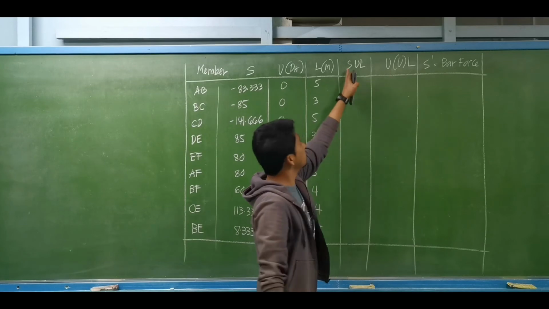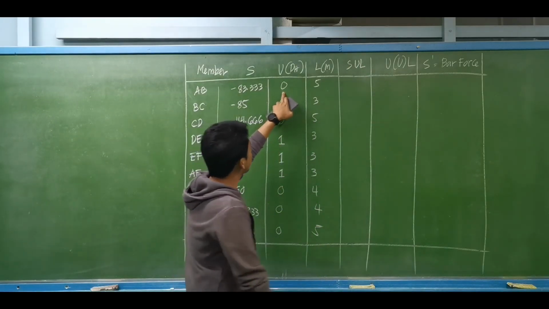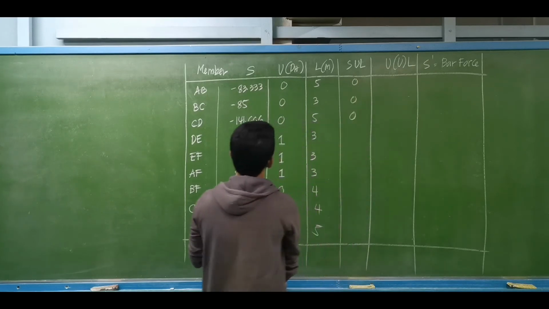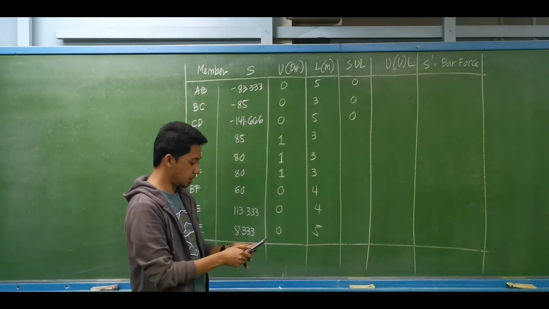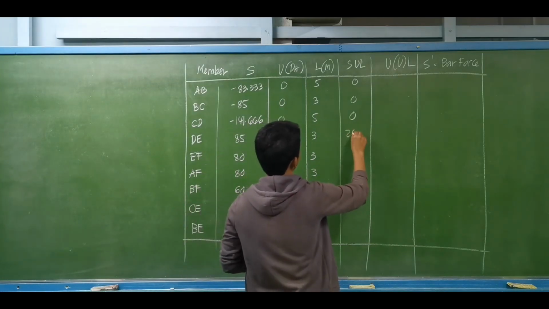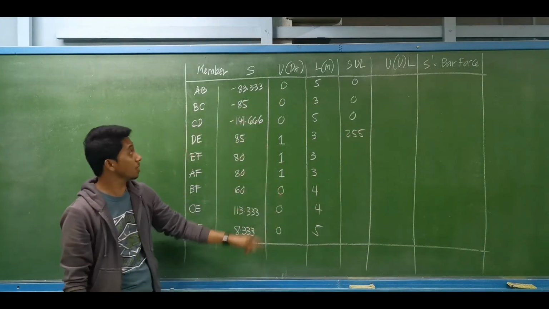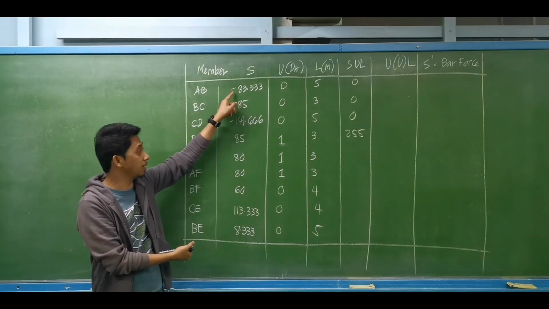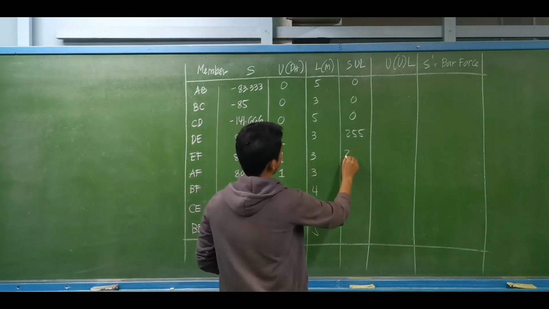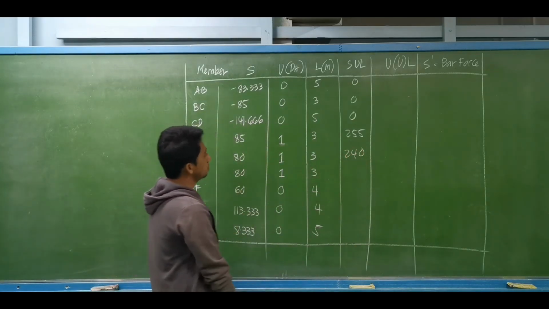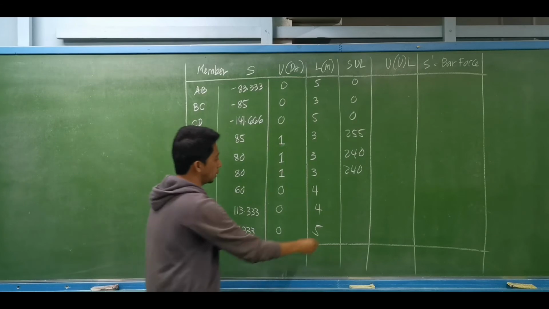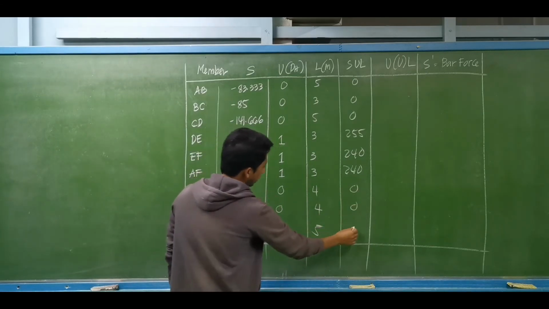And for the product of the axial force, unit load, and the length, since we have 0 here, this is 0, 0, then this is 85 times 1 times 3, that is equal to positive 255. So don't forget the sign conventions. Axial forces which are compression will be negative, then tension will be positive. So this is 80 times 3, we have 240. 80 times 3, the same as 240. 60 times 0, so this is 0. We have 0 and 0.